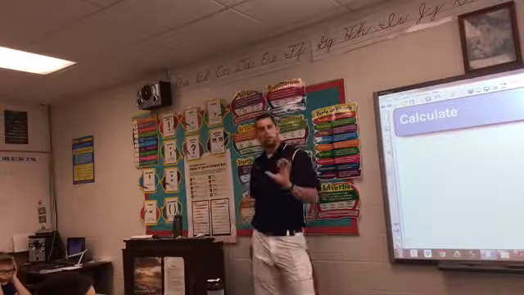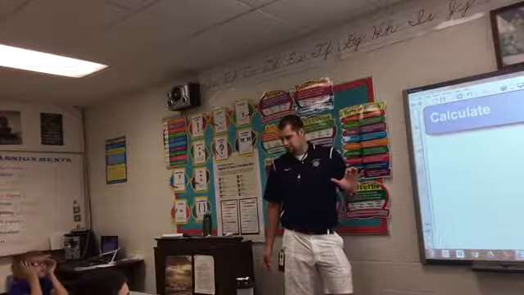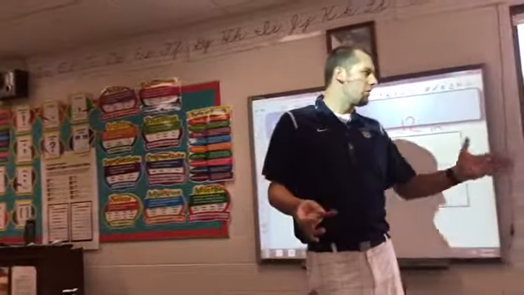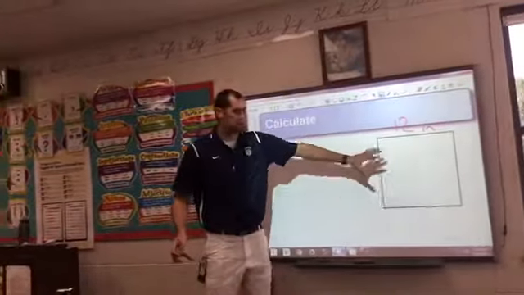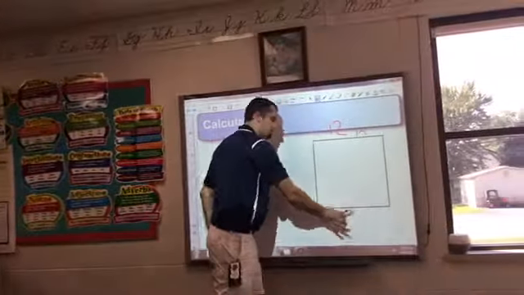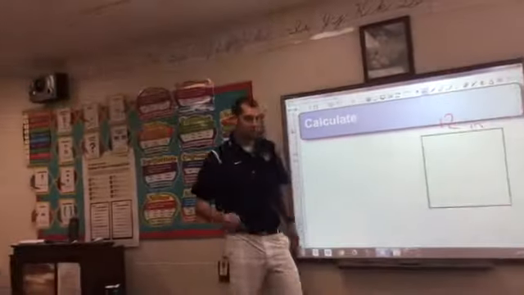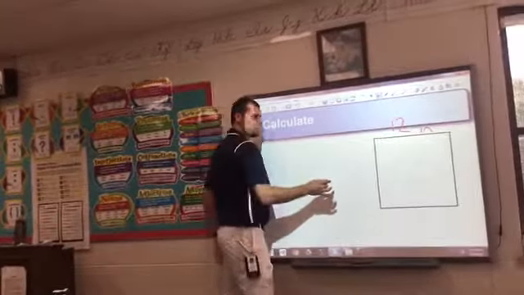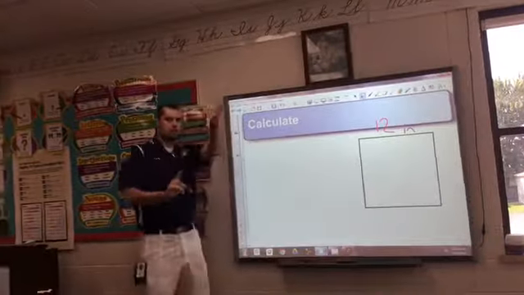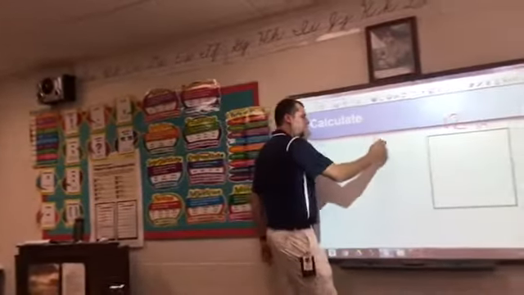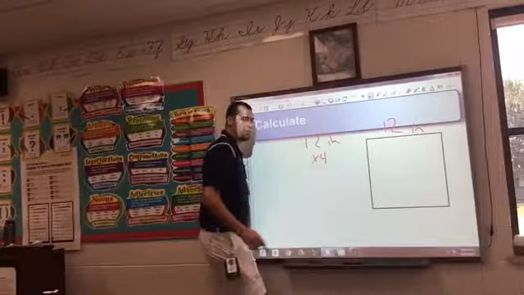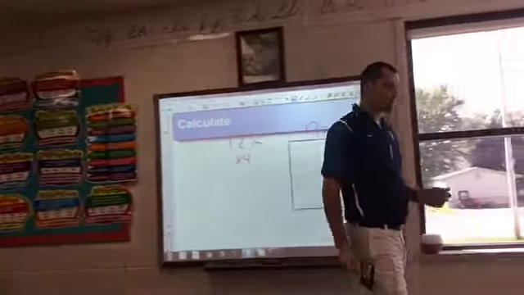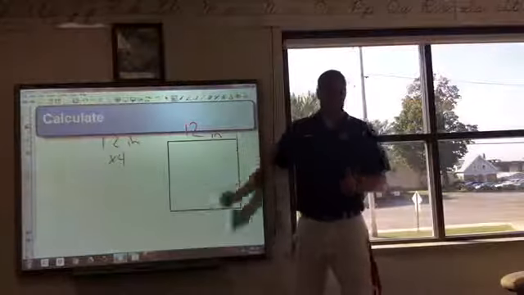I have a regular polygon here of what again? 4-sided shape is a square. So, what would be my shortcut way of being able to find this perimeter instead of adding 12 plus 12 plus 12 plus 12? No, we're sticking with inches. Good. I would take 12 inches times 4. And why are we taking it times 4 and not some other number? Because there's 4 sides. Each side is 12 inches long.